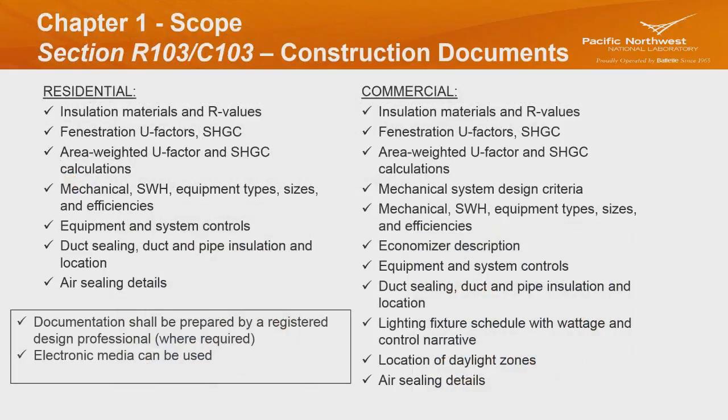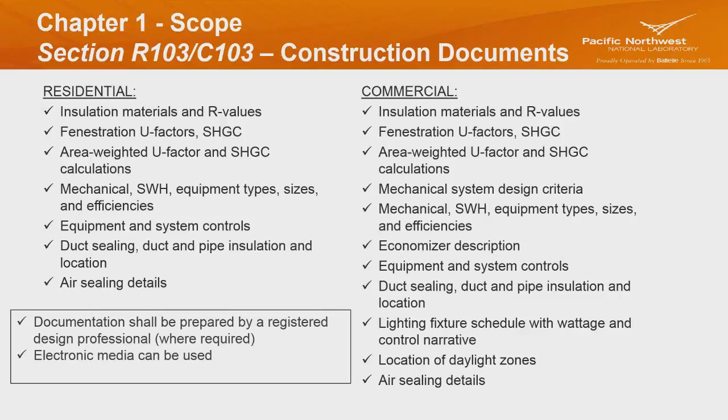So Chapter 1, again, construction documents. I'm not going through new construction, but I think it's important to understand what construction documents would be required to be submitted down to the building department or your authority having jurisdiction, and what's required and what's in the code. This is actually in the code. So it will give you a checklist of items, as I call it, a grocery list of what you would need to submit.